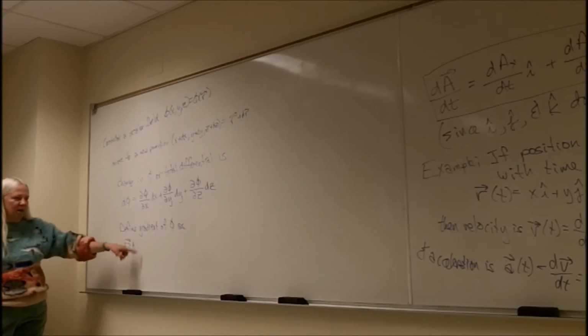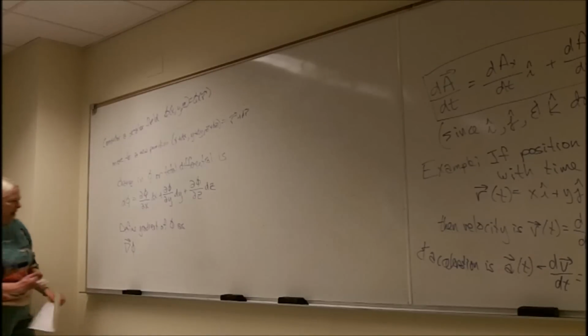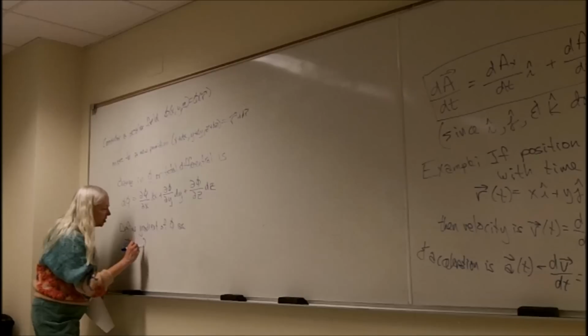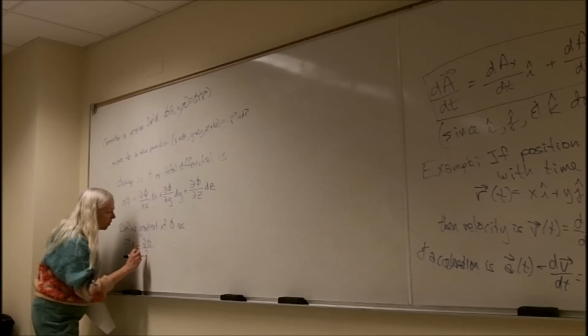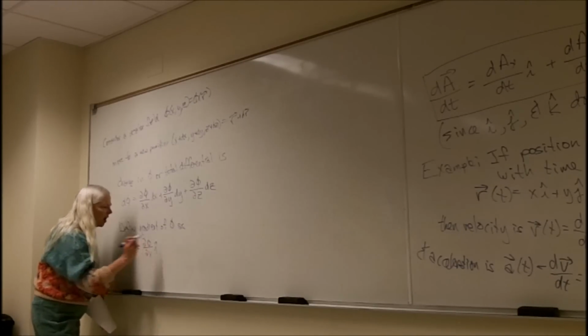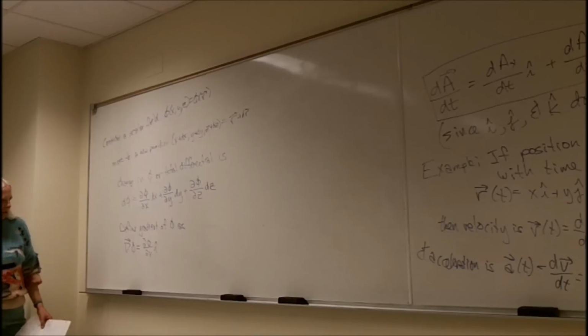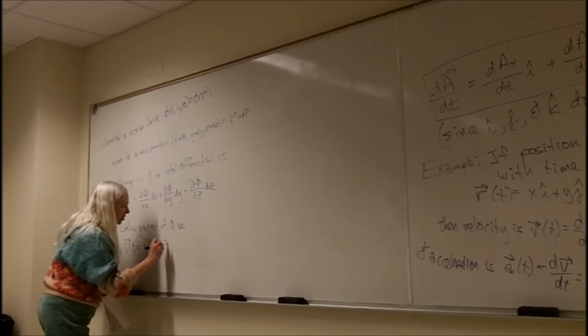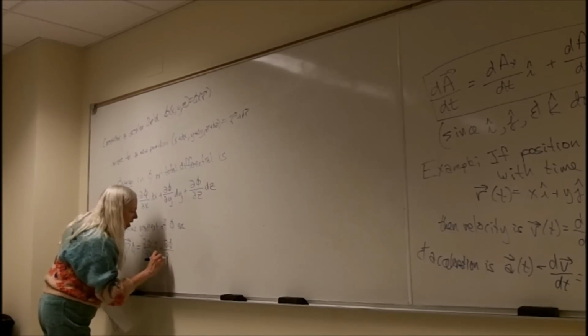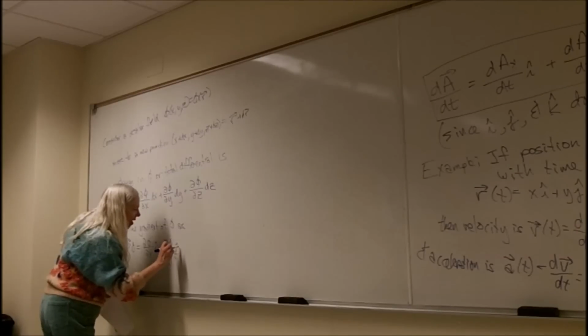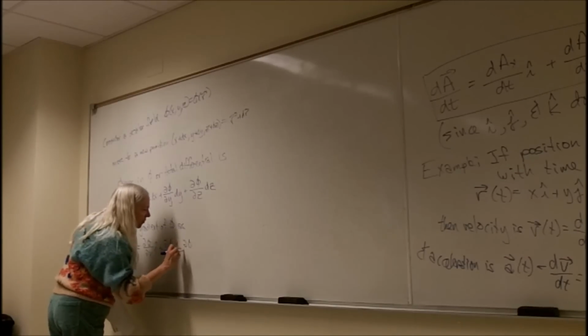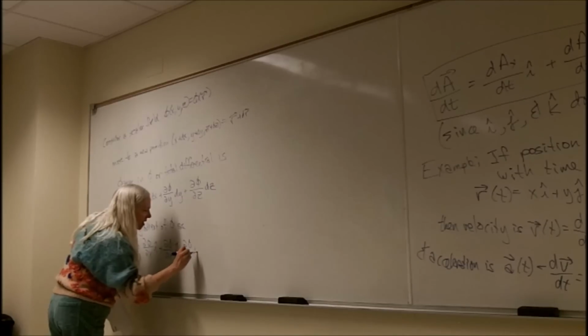So we call this del phi, or the gradient of phi. This is by definition the partial derivative of phi with respect to x times i hat, the unit vector in the x direction, plus the partial derivative of phi with respect to y times j hat, plus the partial derivative of phi with respect to z times k hat.